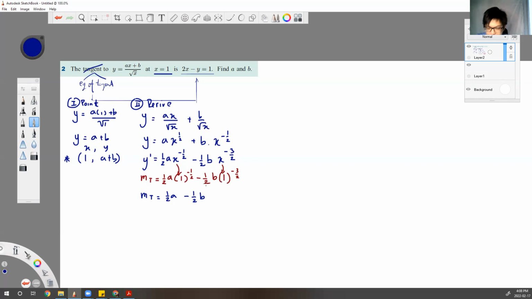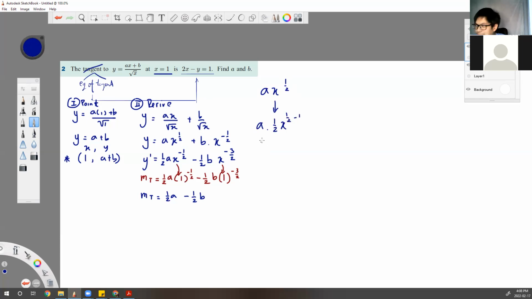Yes, Vicky? For this part and this part, why is one negative but the other is not? Good question. Ax power half, I want to differentiate. So a times half x power half minus 1, right? So I put a half in front, ax power negative half. Yeah, that's right. Okay.